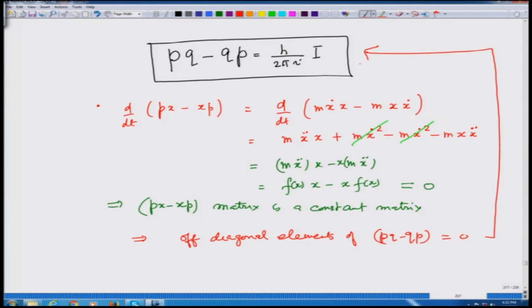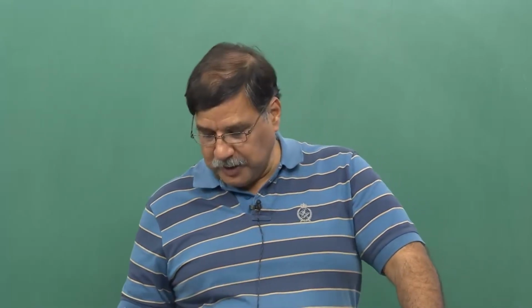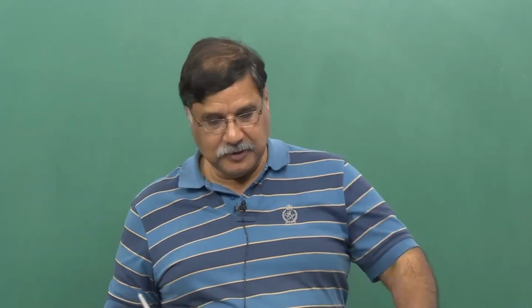This is the equation that is written on Max Born's tombstone. So that was the first equation. The quantum condition is expressed in terms of matrices like this.